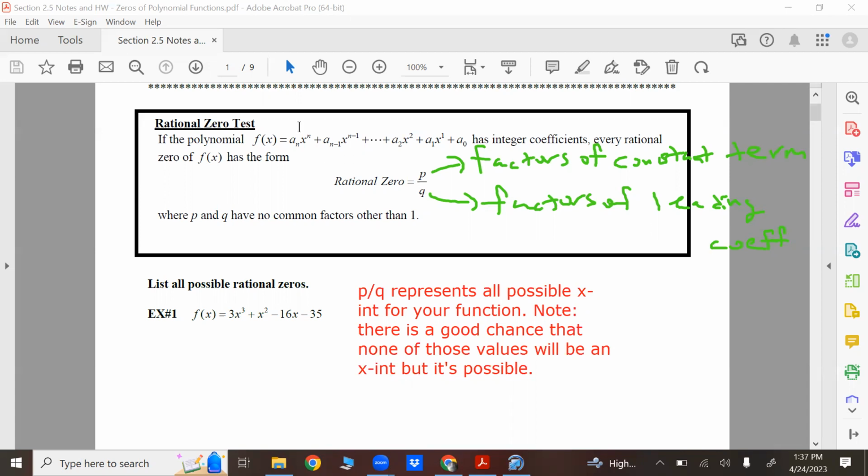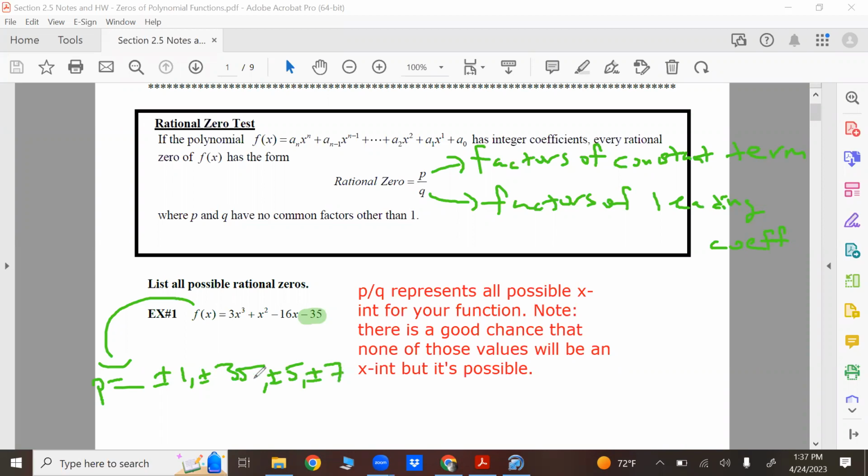So for example, let's do example 1. P is all the factors of your constant. So your constant is right here. What are the factors of -35? Definitely 1 in itself, and definitely 5 and 7. And by the way, you have to put plus or minus, because you could divide by negative numbers, right?